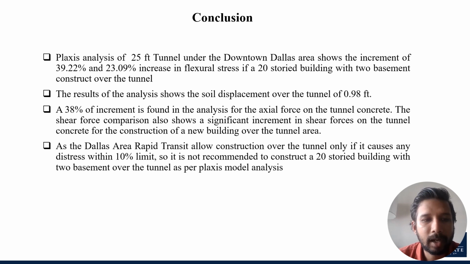So from the analysis, it is not our recommendation for Dallas Area Rapid Transit to give the permission to build a new building over the tunnel. As the changes in deformation, axial force, shear force and flexural stress are more than 10%, we do not recommend giving the permission to build a new building over the tunnel.